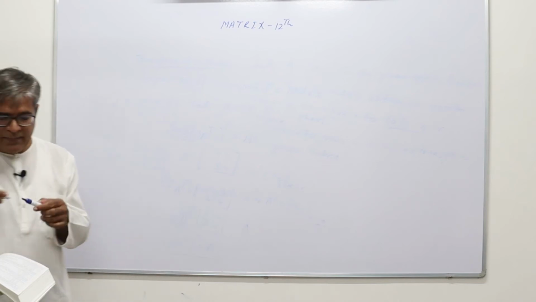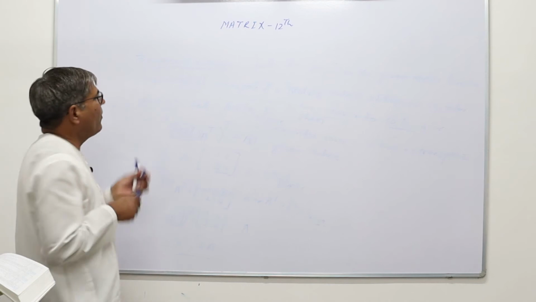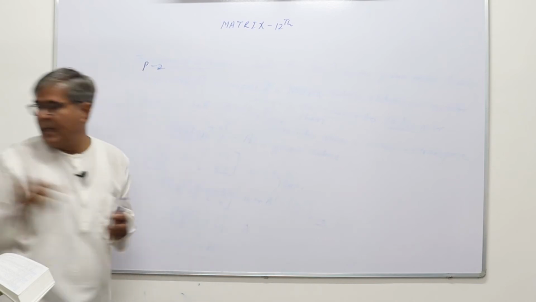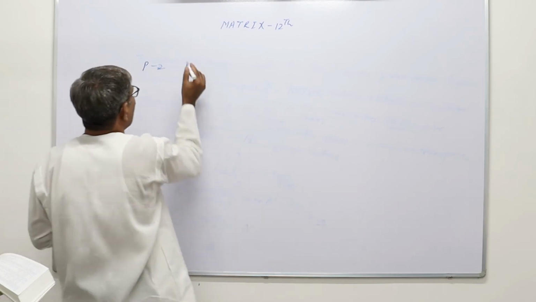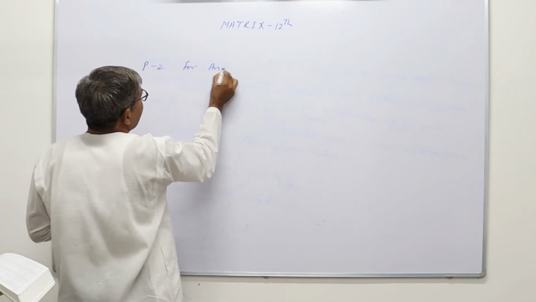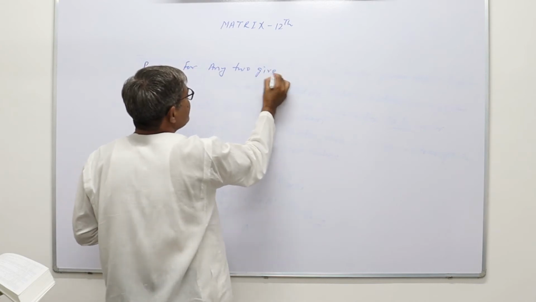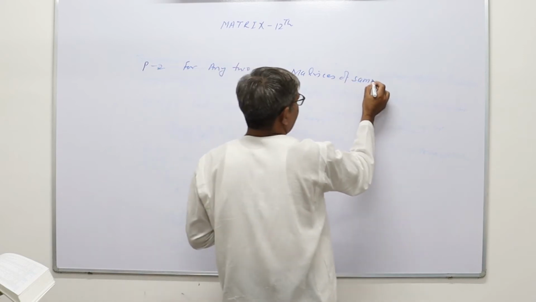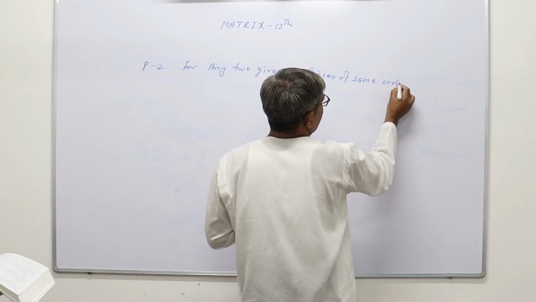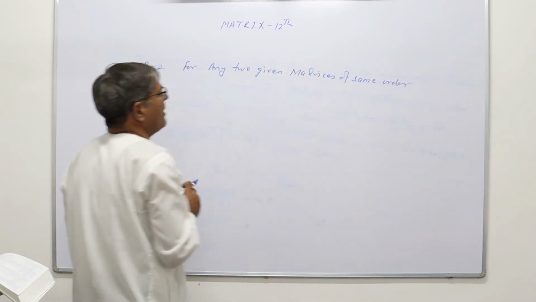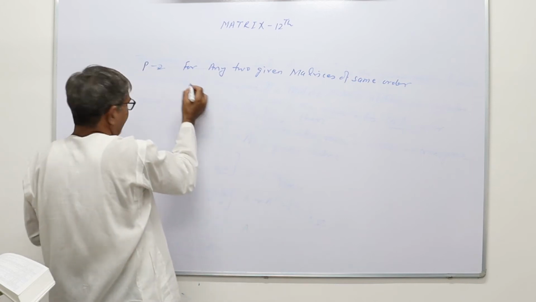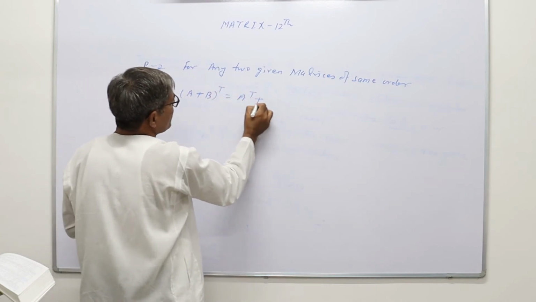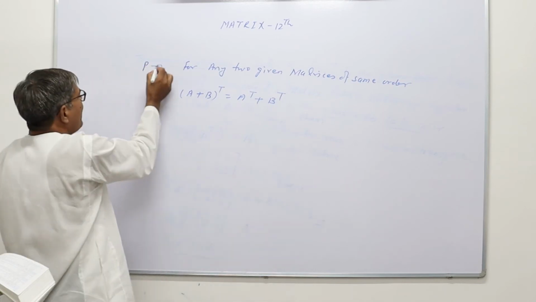So the next property, property number 2: for any two given matrices of the same order, (A plus B) whole transpose is equal to A transpose plus B transpose. This is property number 2.